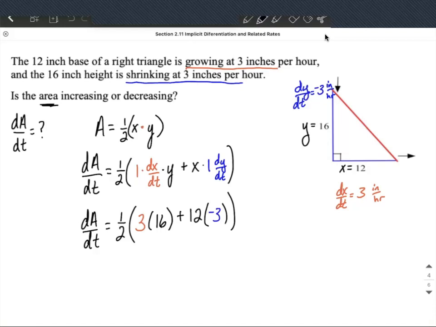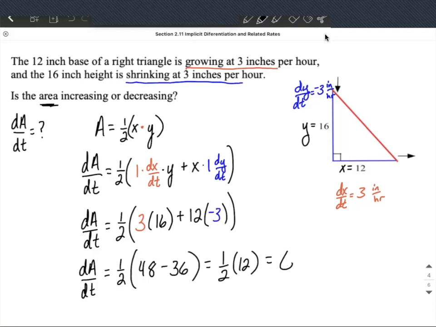All right, so now we just need to do a little bit more simplifying and we'll know our solution. Really not that bad. This will be 1/2, then 3 times 16 should be 48, minus 36 is going to be 1/2 times 12, or positive 6.